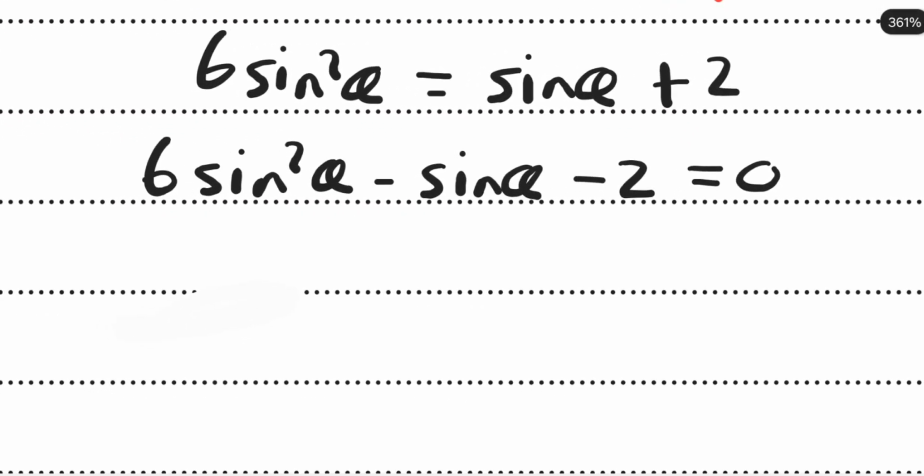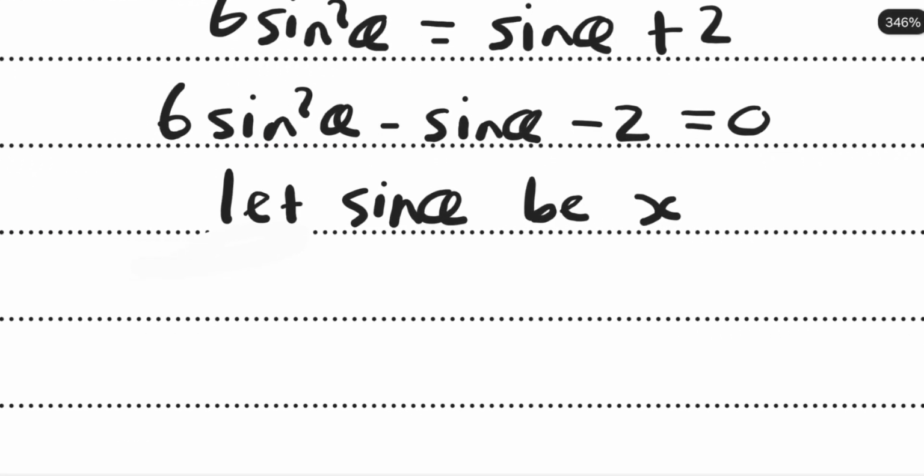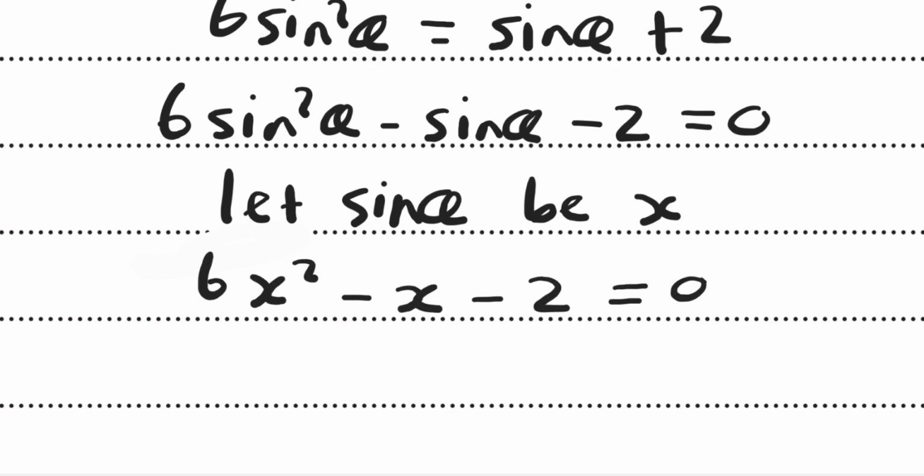And now from here we will say let sine theta be x. Now substituting sine theta with x, we have 6x squared minus x minus 2 equals 0.